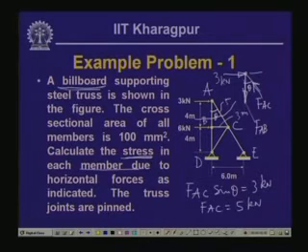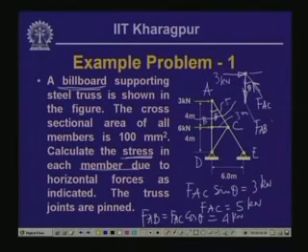So FAB is equal to FAC cos theta, and the value of cos theta is 4 by 5, and FAC being 5, the value of FAB is 4 kilonewton.